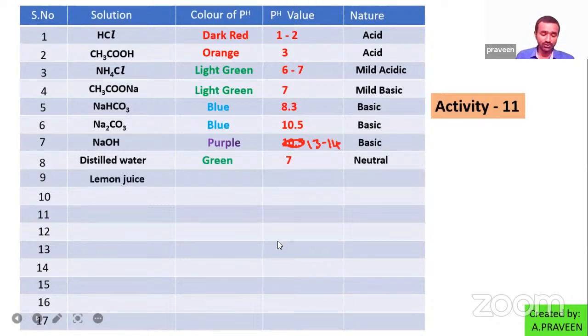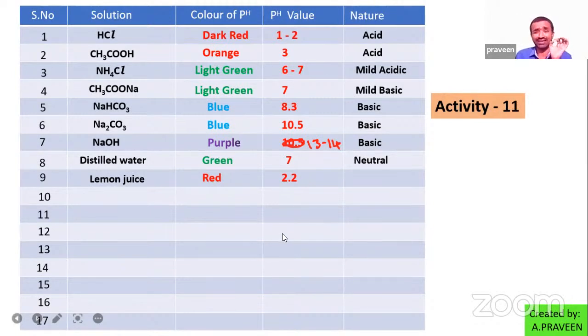After distilled water, we will take lemon juice. Almost you will get near to red, but not exactly dark red. Its value is 2.2. Sir, you have given 2.2, is it always fixed? No, it changes depending on the sample you collected. Lemon from different areas will have a different taste, sour, less or more.